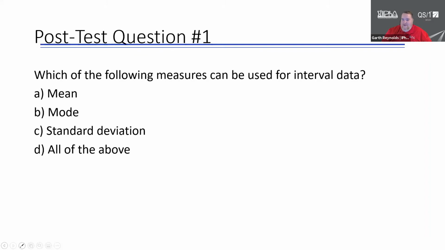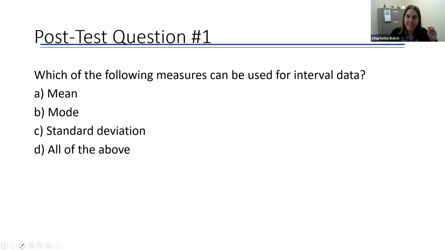You guys are being really shy tonight. I just can't remember. When talking about interval data, we're talking about continuous data.